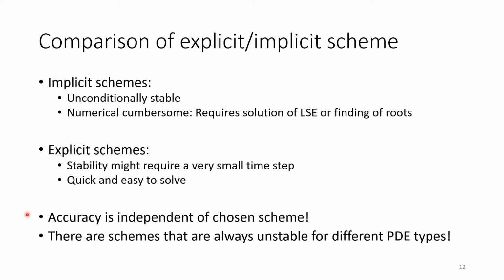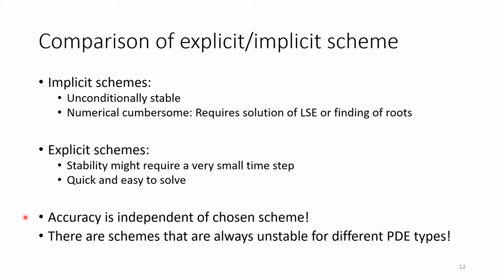So this is not a criterion for accuracy. Also note, if you ever come to the situation that you have to program yourself, or that you have to choose some kind of time discretization scheme, this is important to consider, because there are schemes which are just unfit to solve the problem you want to have, right? You can classify, as you hopefully know, partial differential equations into different types: hyperbolic, elliptic, parabolic. And there are schemes which are just unstable for some of those kinds of partial differential equations, right?